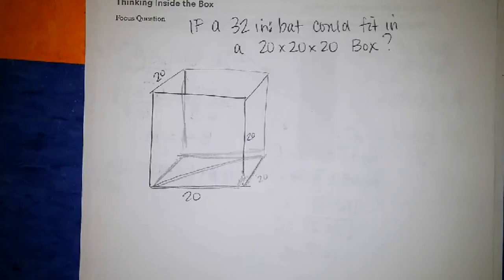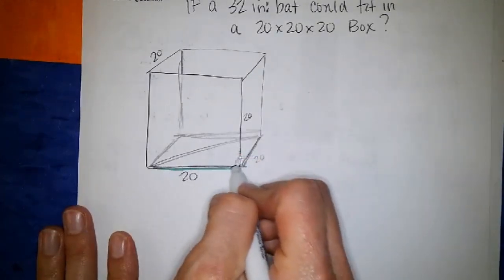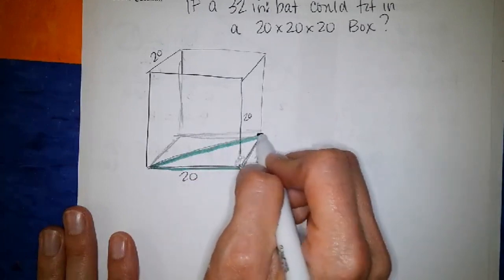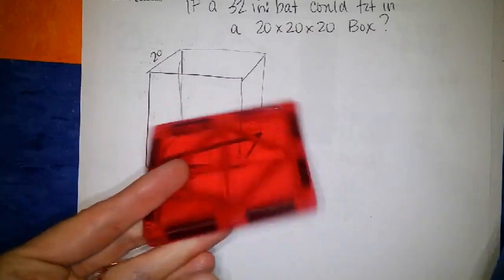This is the triangle that we're solving for right now, the bottom triangle. So if we have a 2D shape, this is the bottom of our box.